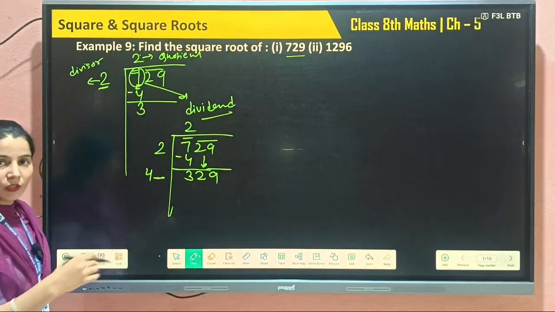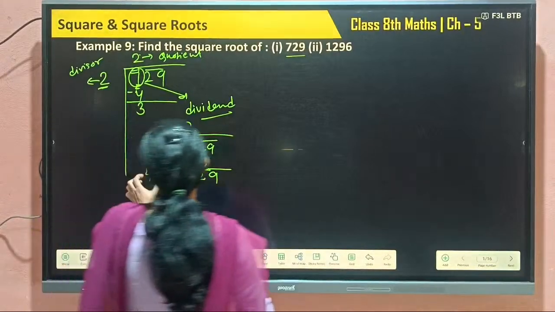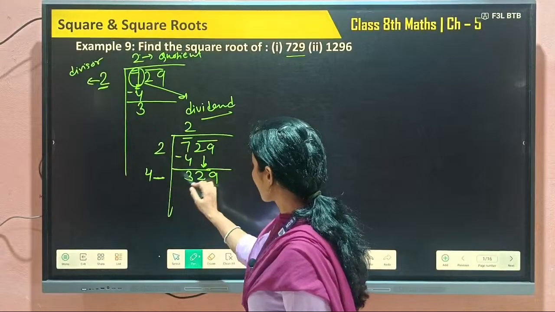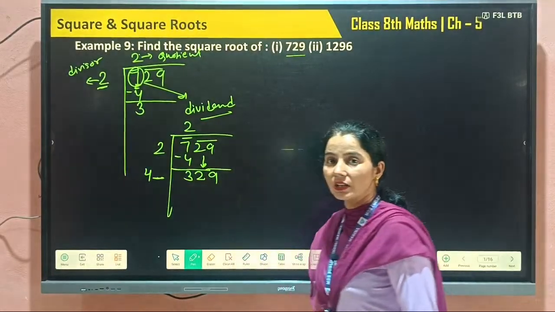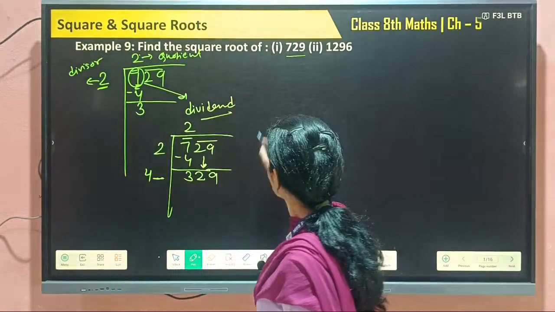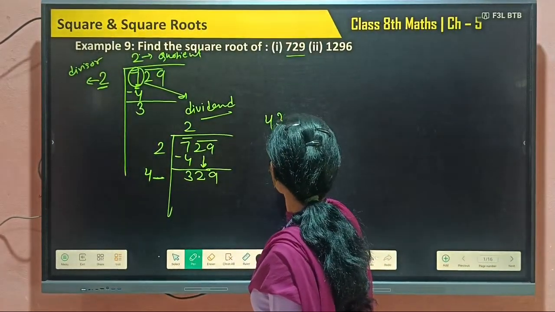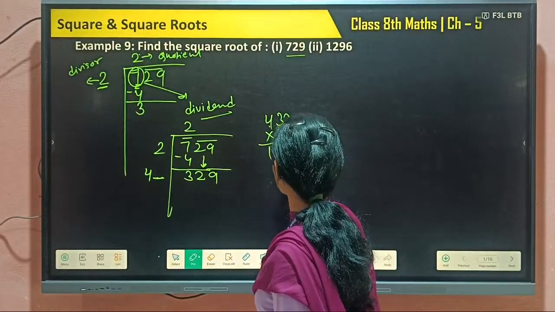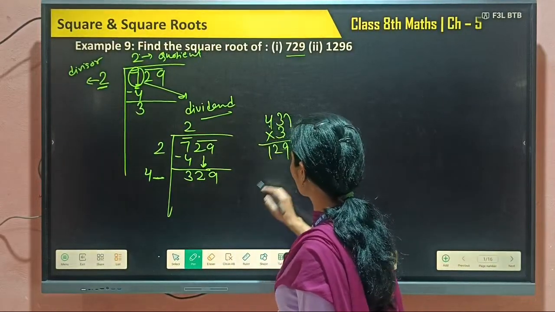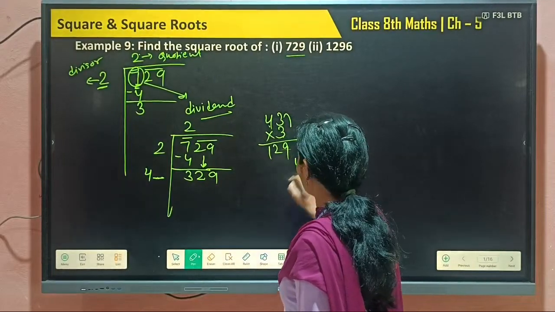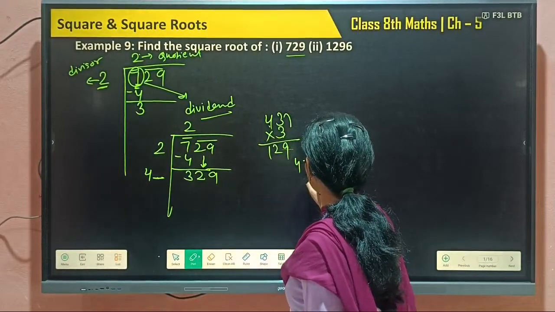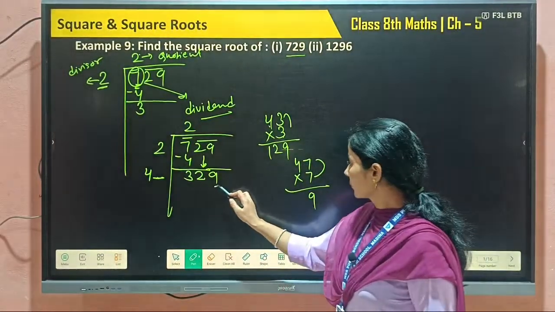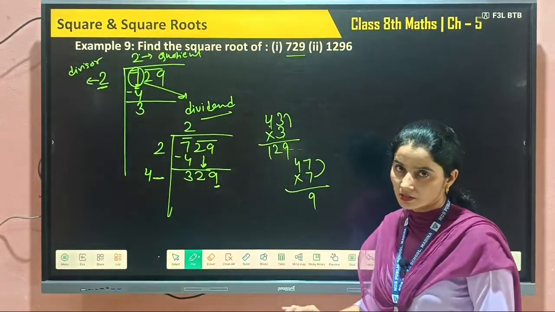Now further we need to think of one number whose multiplication with this complete divisor is equal to or less than 329. Let us think. 3 3s are 9, 3 4s are 12, so 129 is smaller than 329. Next, 7: 7 7s are 49, and the last digit is 9.